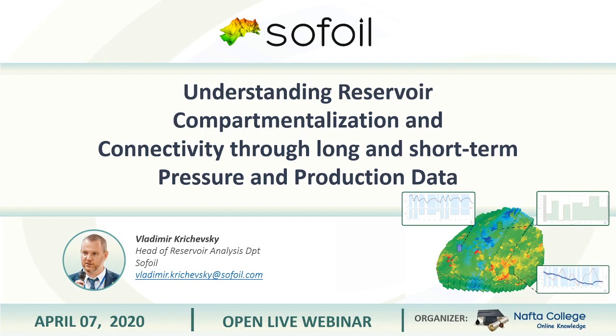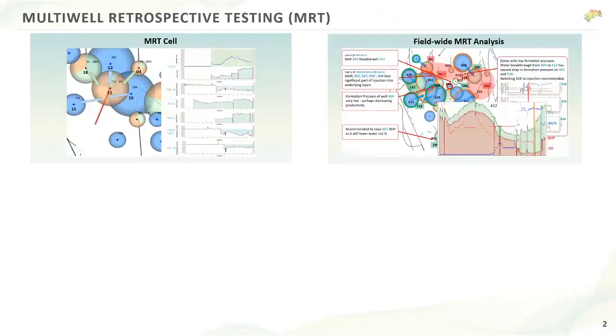Now, we have some technologies of our own, which we base on when we're trying to recommend something to our clients. So I think that I will spend 1 or 2 minutes to explain each of these technologies. Actually, I will just explain 2 of them now, okay? Before I show you the first case, I want to introduce you to this technology called MULTIWELL retrospective testing.